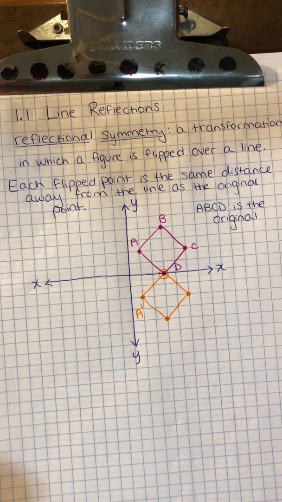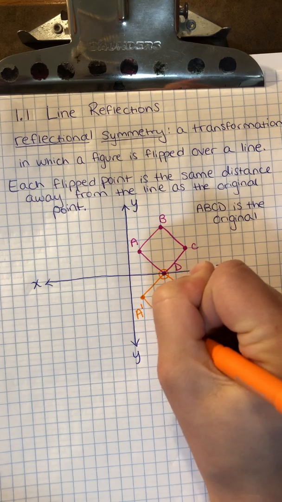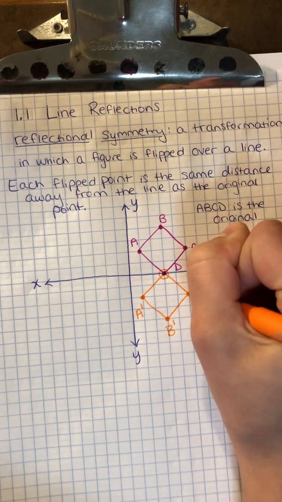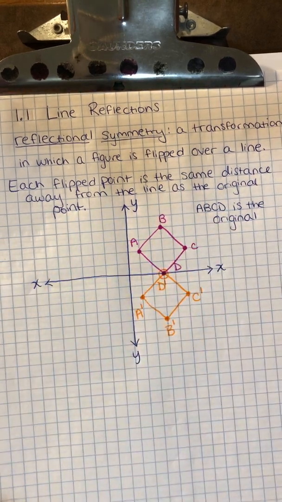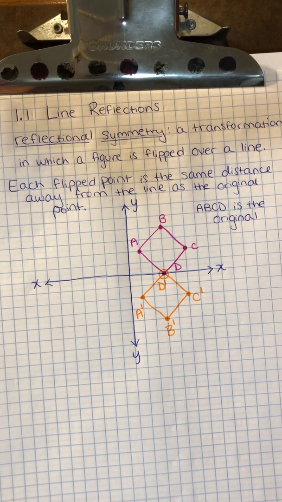There's a tiny little tick mark in the upper right-hand corner to show that it's prime. B prime, C prime, and this one will be D prime. It's kind of like an exponent, but the prime marker just tells us that this is not the original shape. It's like the original shape, but it's been changed in some way.